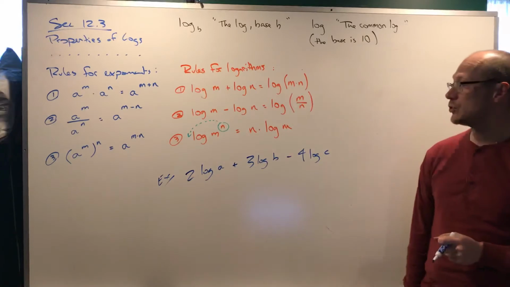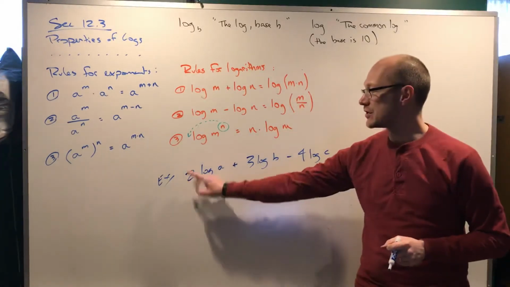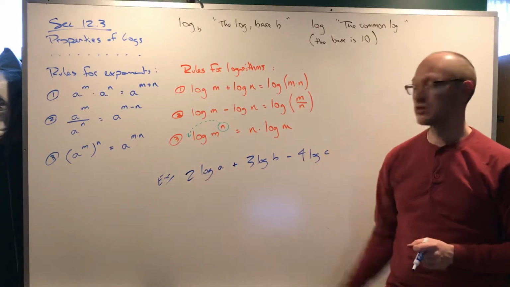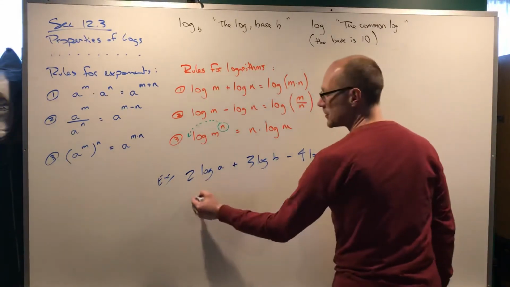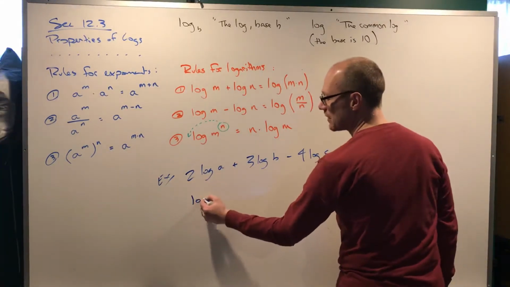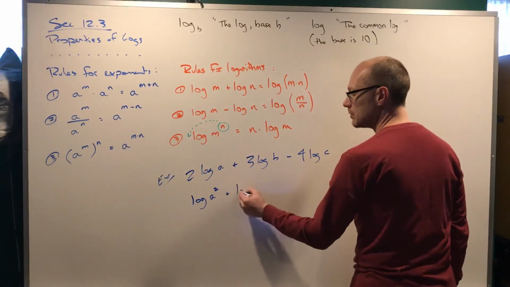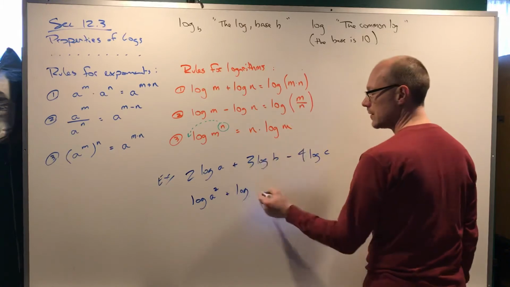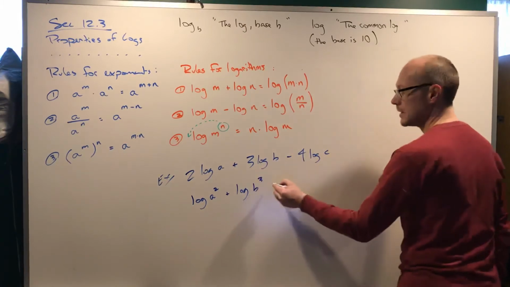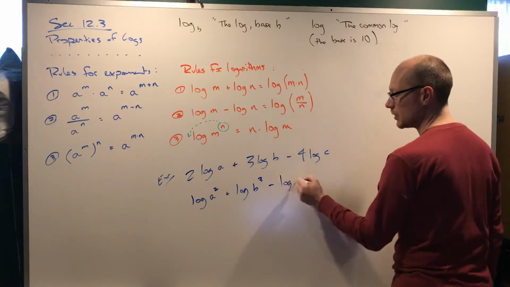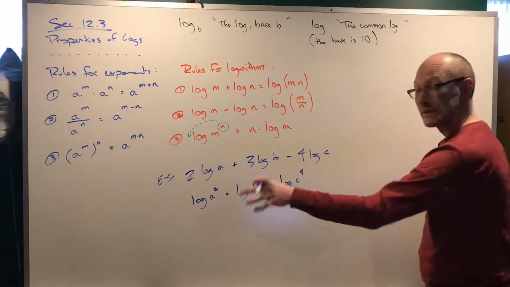Well, what I could do is actually use this exponent property first and take this 2 and make it go up to become an exponent. This 2 log a is the same as log a squared plus log b cubed minus log c to the 4th. Now I have plain logs.